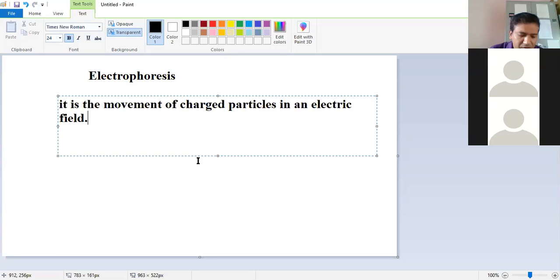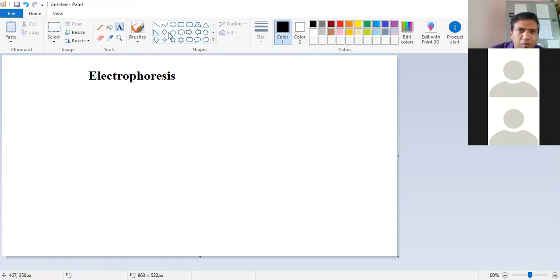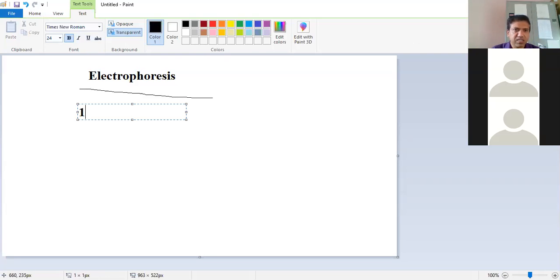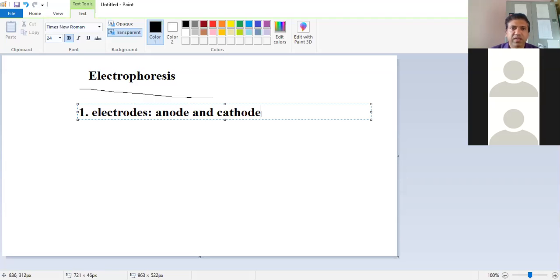Now, when we talk about electrophoresis, you have the components of electrophoresis. The first component is the electrodes. Electrophoresis should have two electrodes, one called anode and one called cathode.